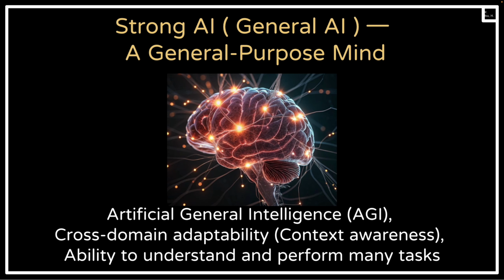It refers to a system with a more general, flexible, human-like intelligence, but it is also why strong AI remains mostly theoretical. We do not yet have machines that can truly move across domains with the same adaptability and deep understanding that humans have.